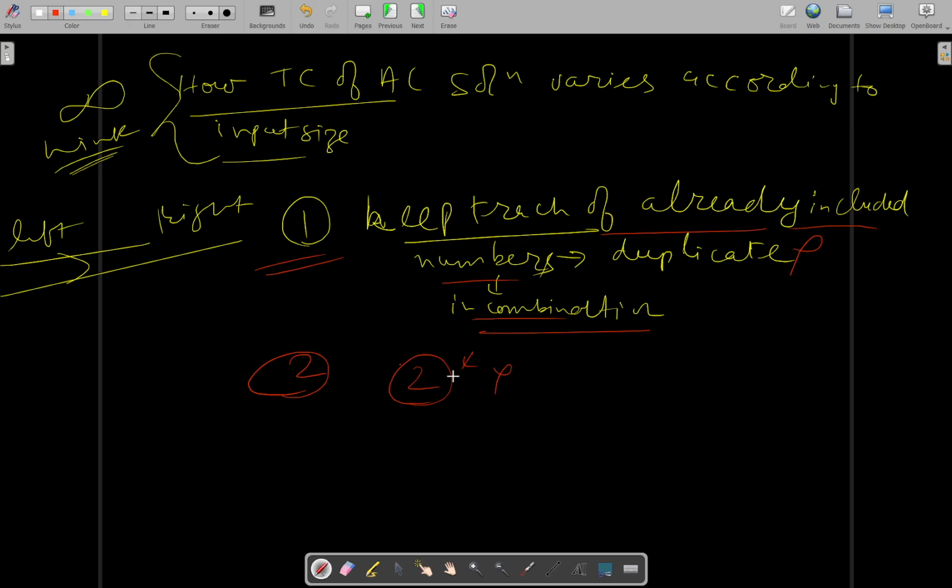The second condition is that you have to check that this type of condition should not occur, since these two combinations will be the same thing. So you also have to check the ordering of combinations. Since ordering does not matter, if a number is included in the combination, you should not consider it again in the combination.